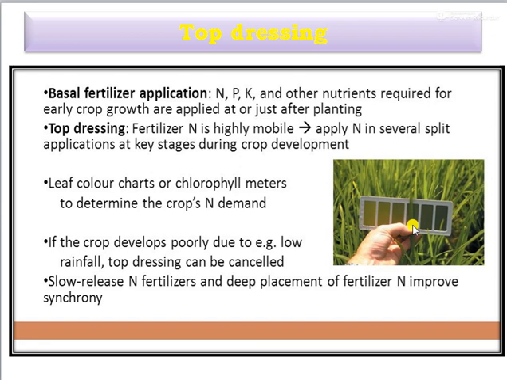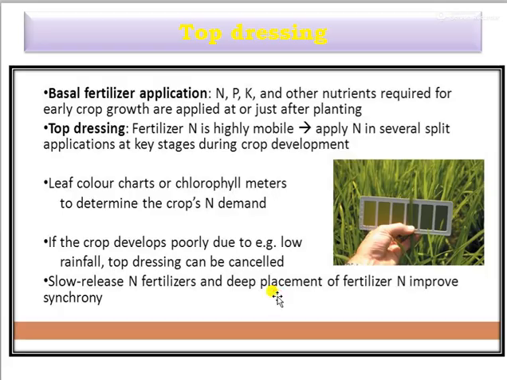A leaf chlorophyll meter, the SPAD meter, is used to determine the chlorophyll content or the crop nitrogen demand. If the crop develops poorly due to, for example, low rainfall, top dressing can be cancelled. Slow release nitrogen fertilizers and deep placement of nitrogen improve the synchronization between nutrient demand and supply.